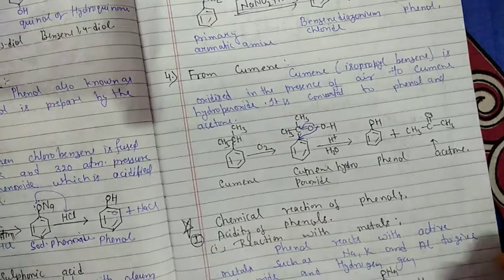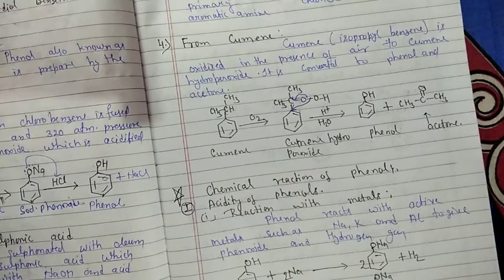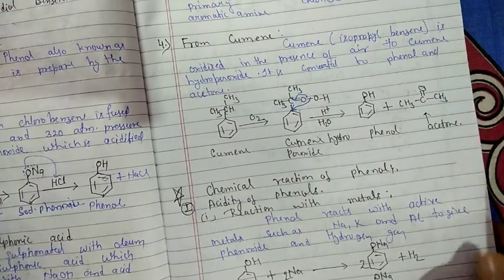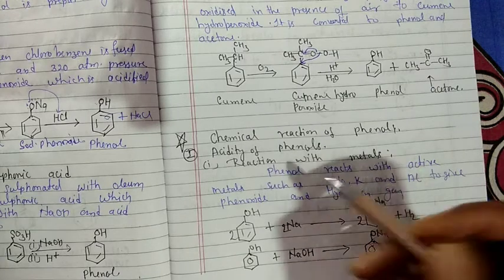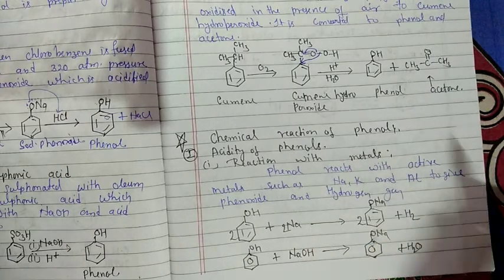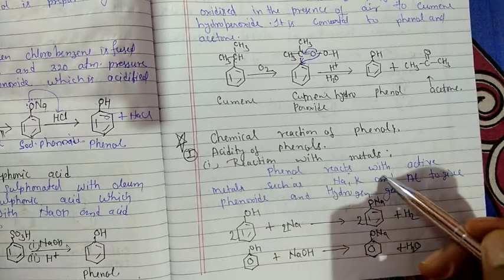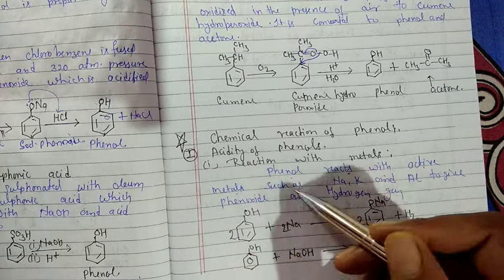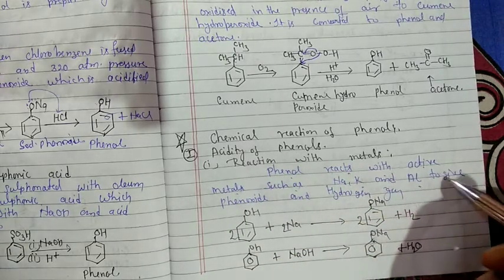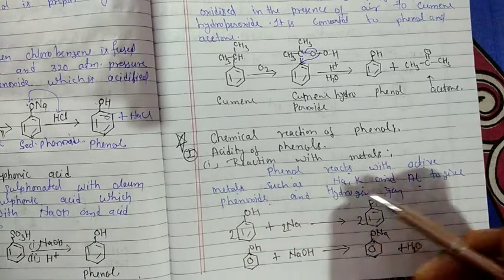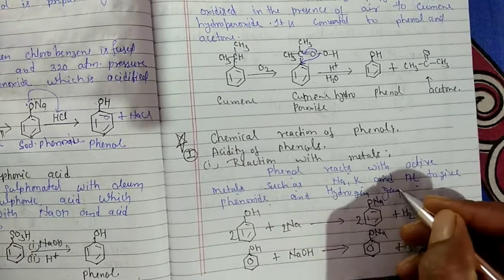Okay, let us now discuss the chemical reactions of phenol. First, we talk about the acidity of phenols. Reactions with metals. Generally, phenol reacts with active metals such as sodium, potassium and aluminium to give phenoxide and hydrogen gas.